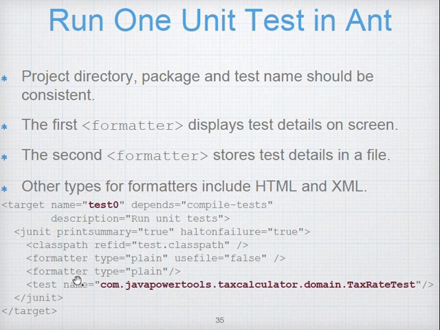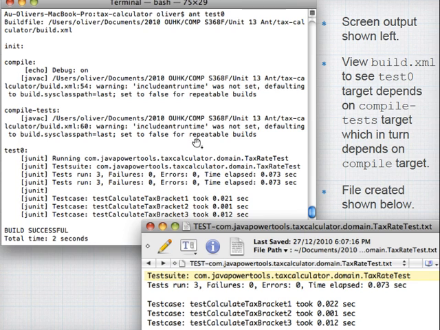And this one, I have a second formatter, so this second formatter will show the result in a file. This allows me to see the test result on the screen as well as in the file.